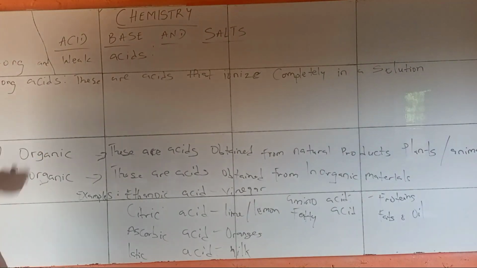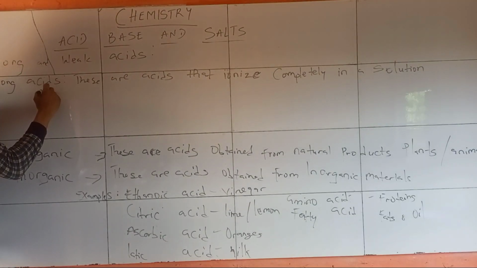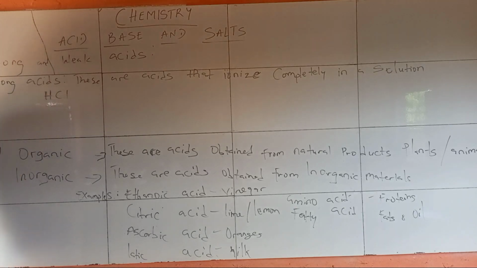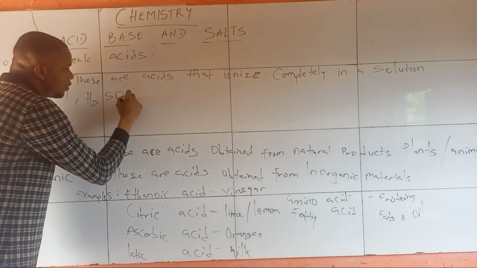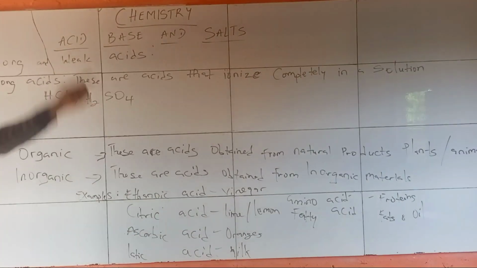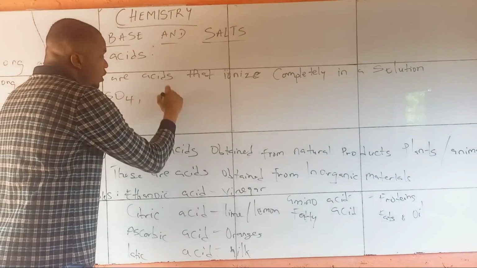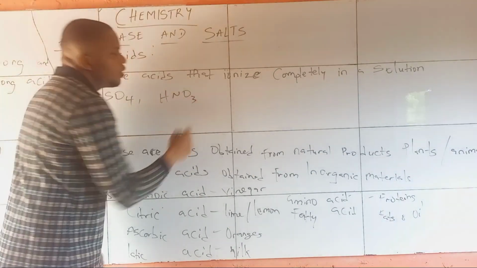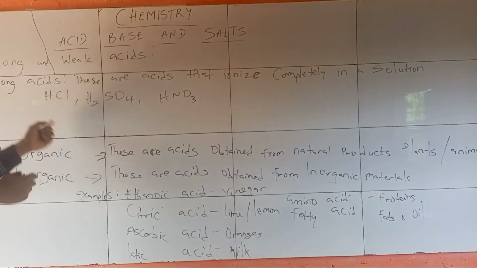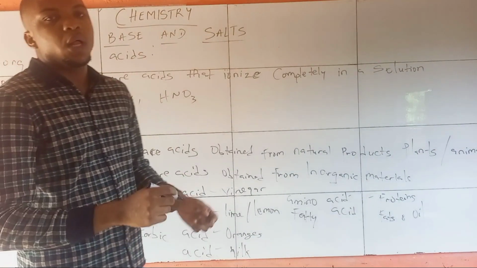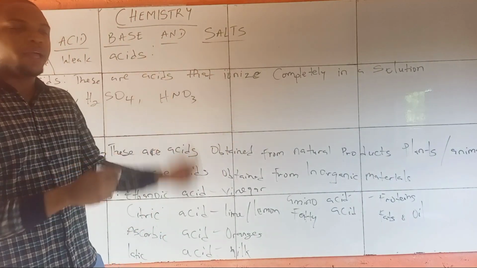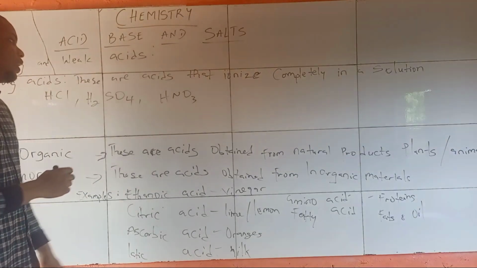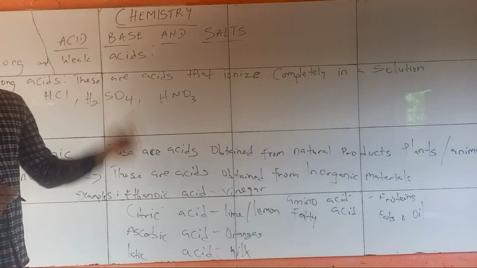Example of a strong acid is your hydrochloric acid. Another example is your sulfuric acid. Even your trioxonitrate five acid is also a strong acid. How are they strong acid? When they are in a solution, there is a complete ionization of the hydrogen ion. I'll follow you. There's a complete what?